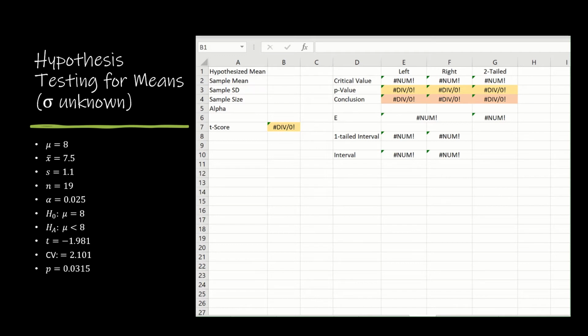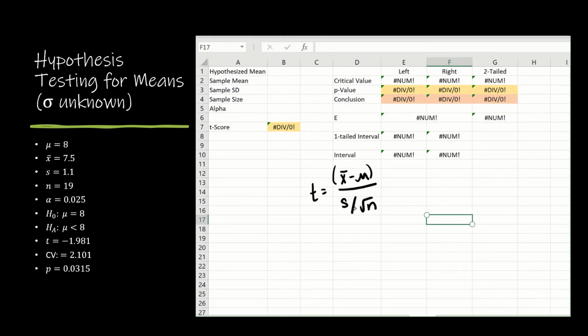Now recall that Excel is just going to do what I tell it to do, and all I need to know as a student is what are the formulas. As long as I know the formulas, for instance, my t-score is x bar minus mu divided by the standard deviation divided by the square root of n.